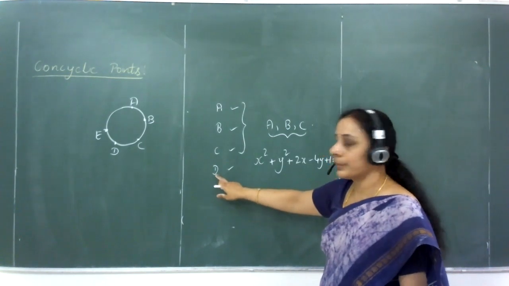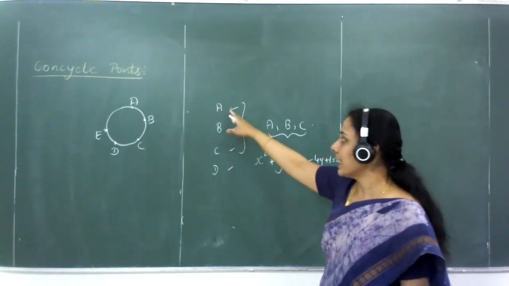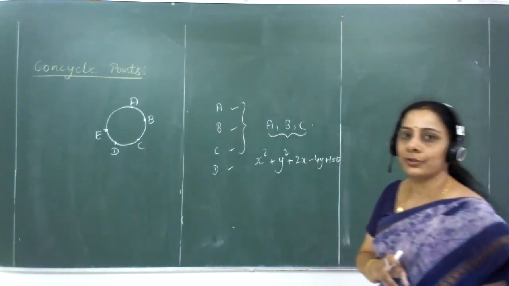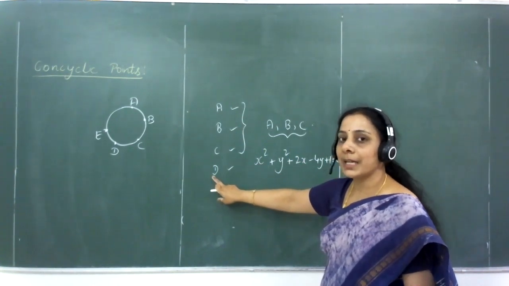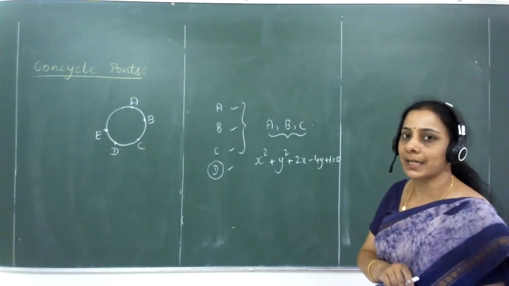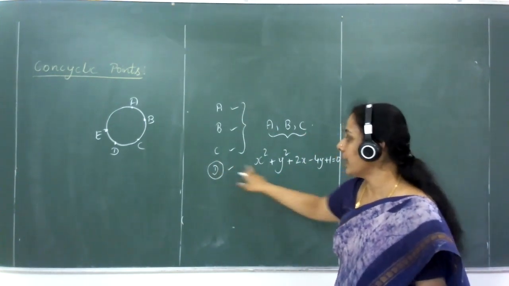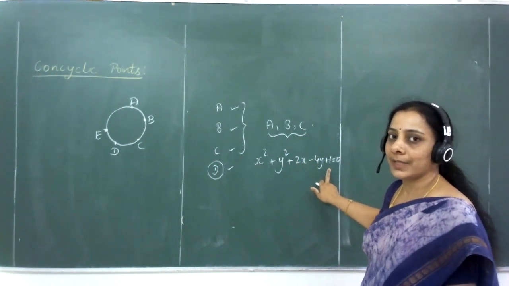Now, if the 4th point has to lie on the same circle, in other words, if the 4 given points have to be concyclic, then the coordinates of the remaining point, the 4th point, that is D, must satisfy the obtained equation of the circle.